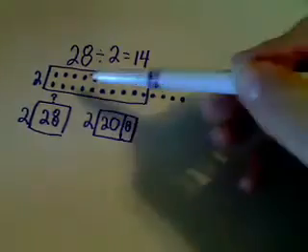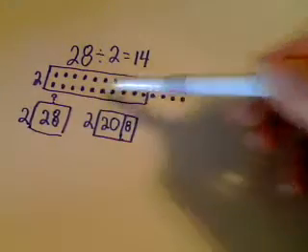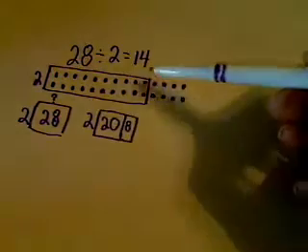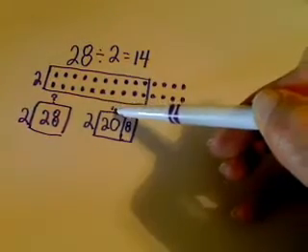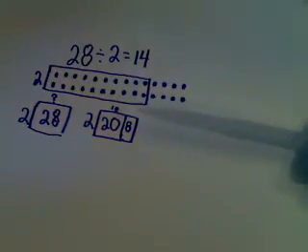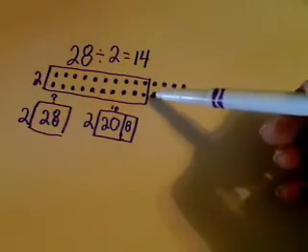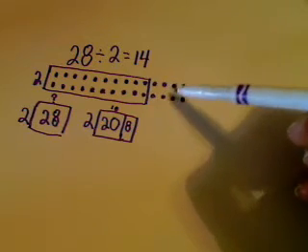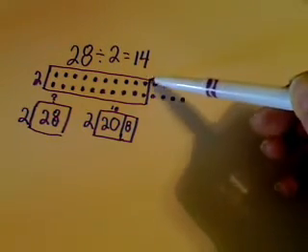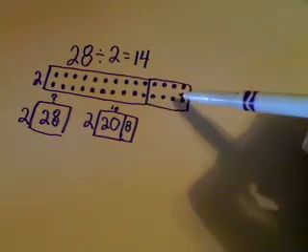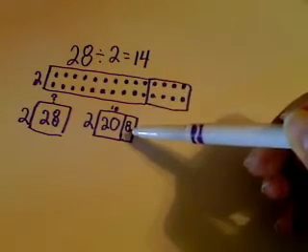Okay, and so inside of that I have 20, just like I do here, which means I went over 10. So I know that this side length right there is 10. Now what I have left is 8 1s. Same here. 1, 2, 3, 4, 5, 6, 7, 8. So in this space I have 8 1s. In this space I have 8 1s.